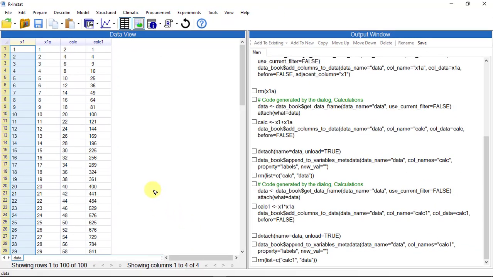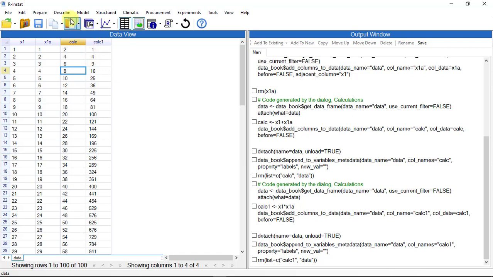So, in the column called calc, we see, for example, that 4 plus 4 is equal to 8, and 4 times 4 is 16. But we are not saying 4 cats plus 4 cats is 8 cats. It is just the number.